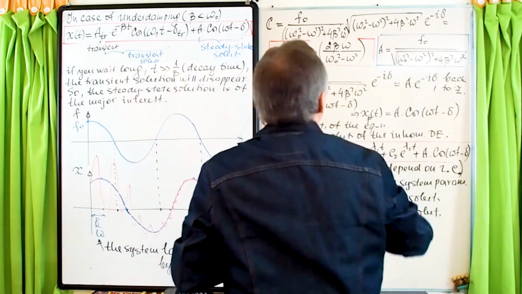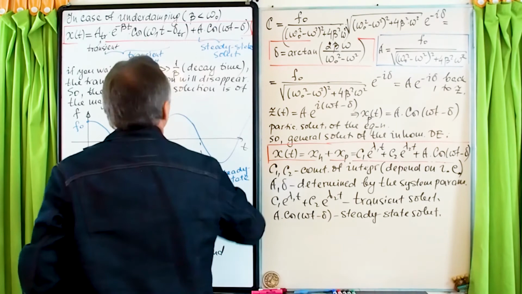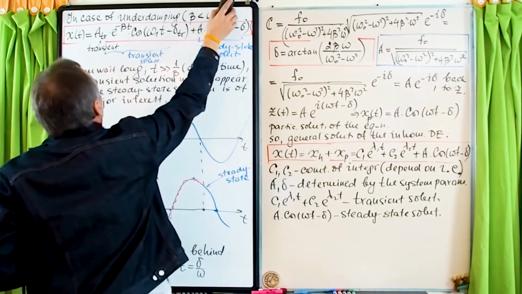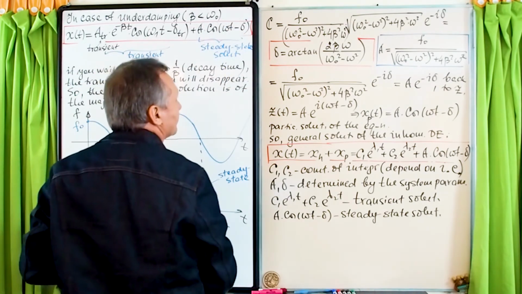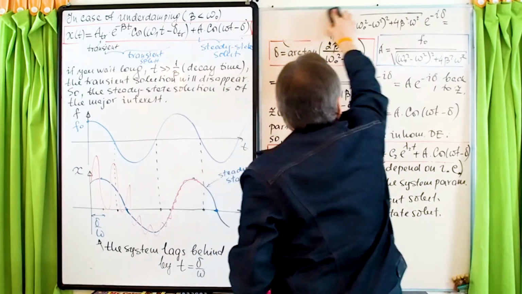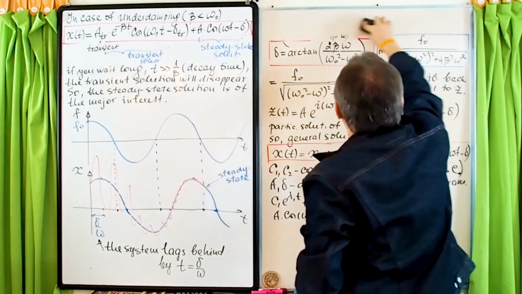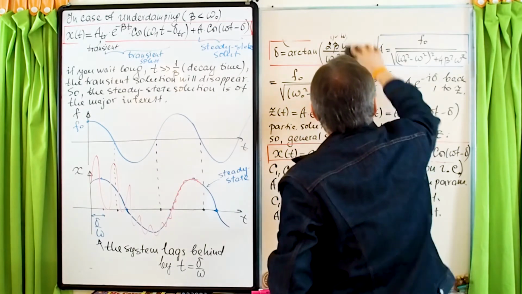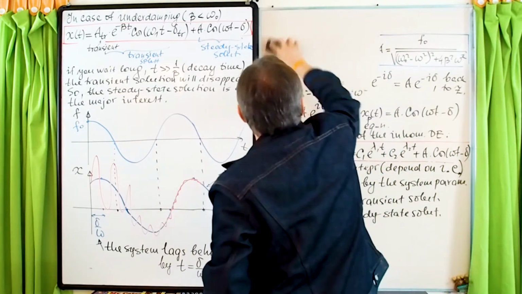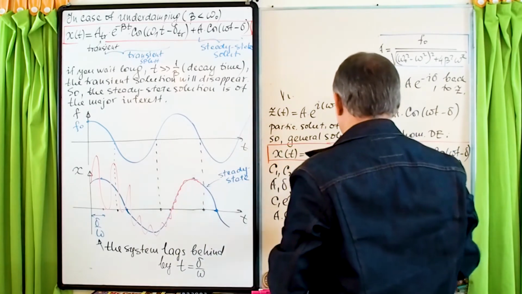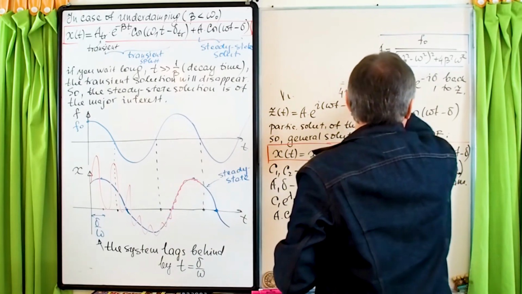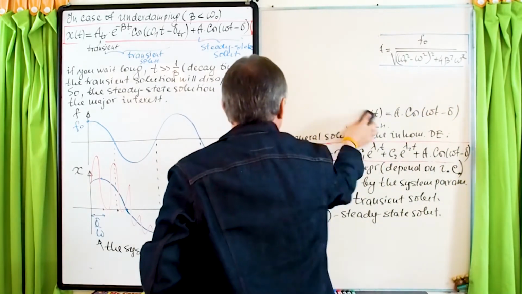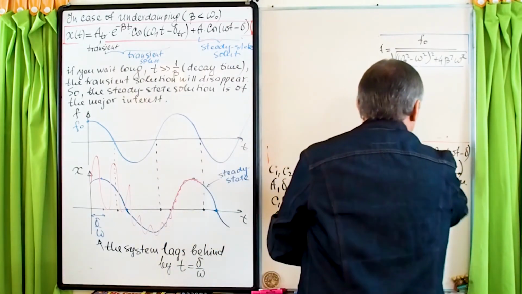Or maybe I will just write here in the corner. Okay, this constant I will need next class. So I can erase this, and this definitely can also be erased.